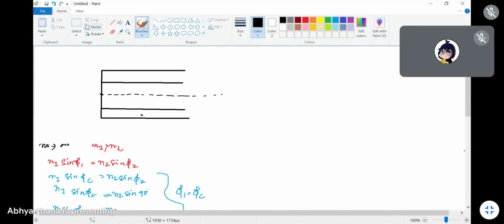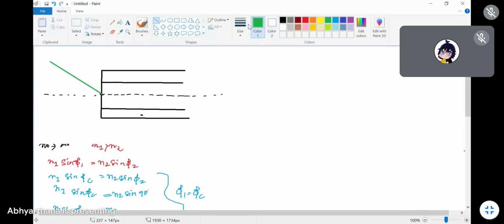So let's say there is an incident ray over here, completely along the center line.